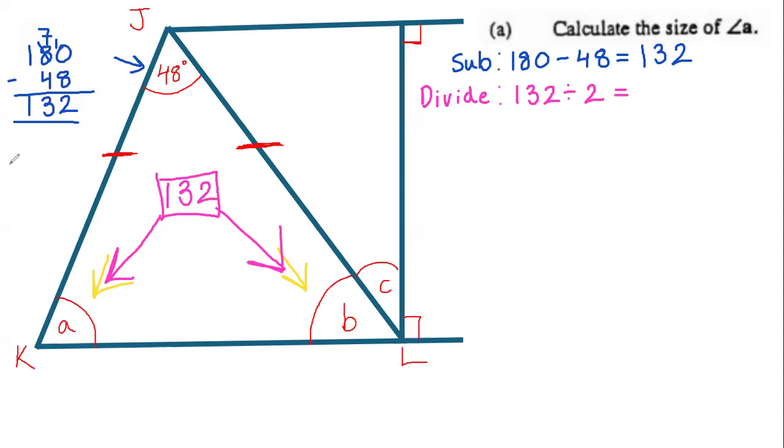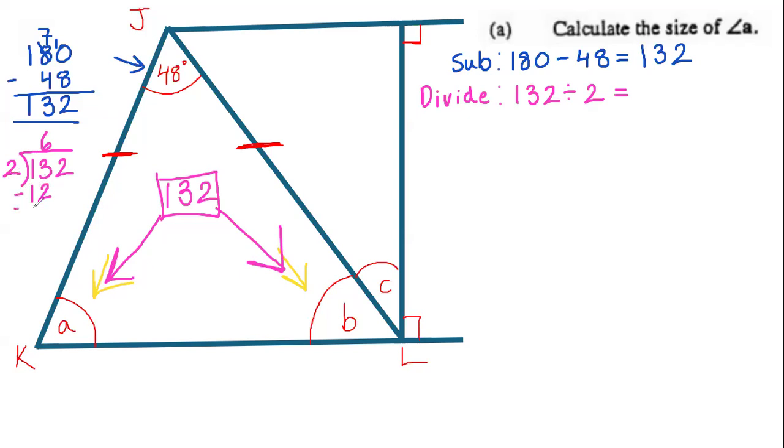Exactly. 132 divided by 2. How many times does 2 go into 13? 6 times. The answer is 66. Anyone else get 66? Yes, I did. 2 times 6 is 12.